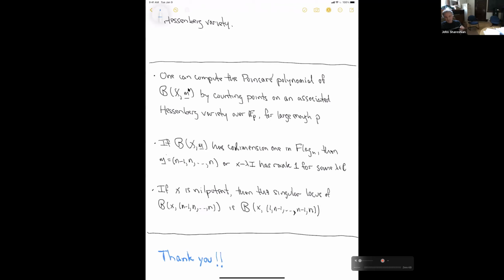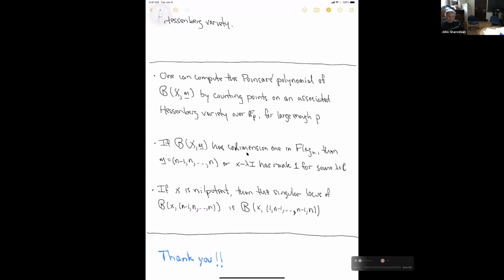So this turns out to be useful because, well, there are these affine pavings that give you the Poincare polynomial, but the conditions given by Juliana and Martha are somewhat complicated, whereas in many cases, just counting how many F_p points there are on a Hessenberg variety is less difficult. So we can get Poincare polynomials.